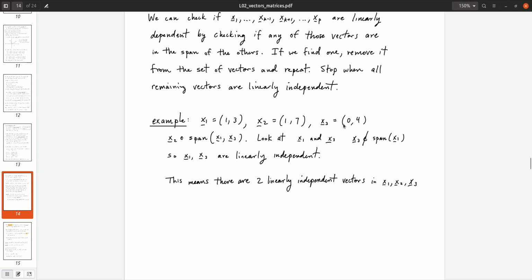Here the first element is always going to be 0, and so the second element is not 3 times 0. So that means that x3 is not in the span of x1, and after this process of kicking out the linearly dependent vectors, we're left with 2 linearly independent vectors. So that means there are 2 linearly independent vectors in x1, x2, and x3.